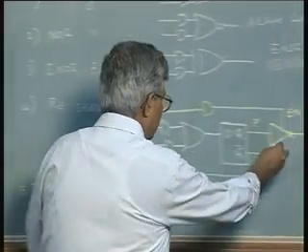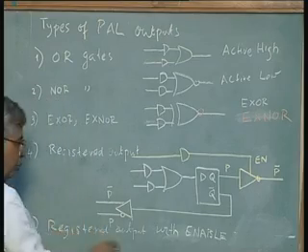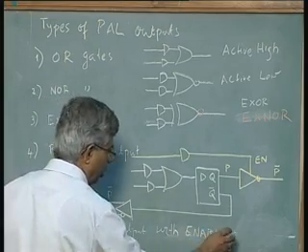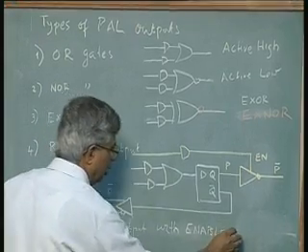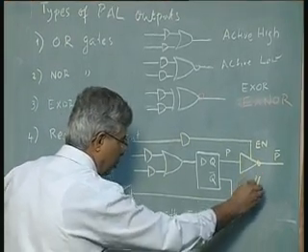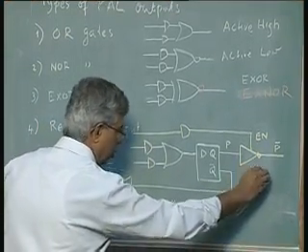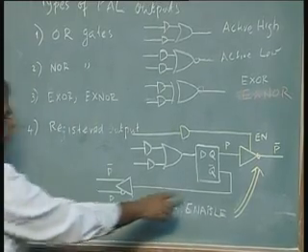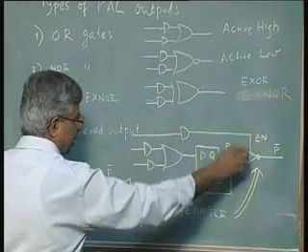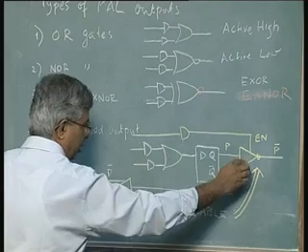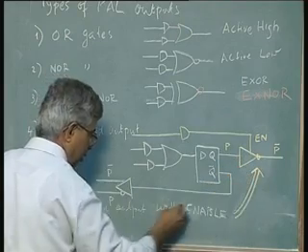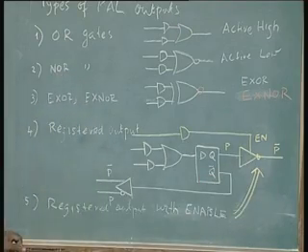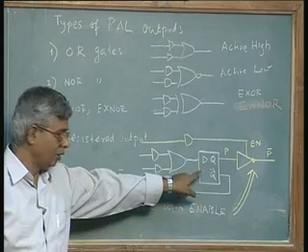So, this option of enable is the fifth output variation possible. Since I use the same drawing, I will put this arrow to indicate the registered output with enable because of this extra logic that I have drawn here using this colored chalk. And of course, this flip flop requires a clock.